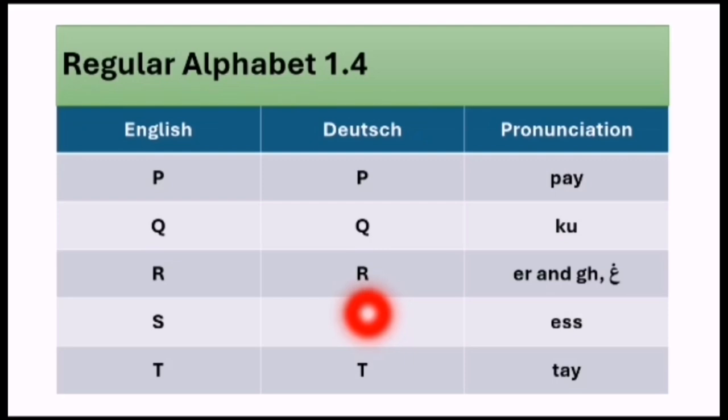Like we say red in English, but in German we say rot, R-O-T. So this letter is very special in the German language. Keep this in mind. This gives the voice r.